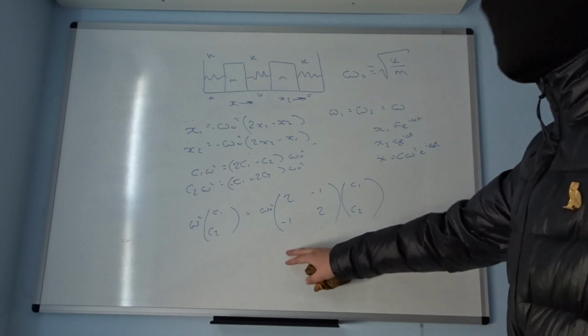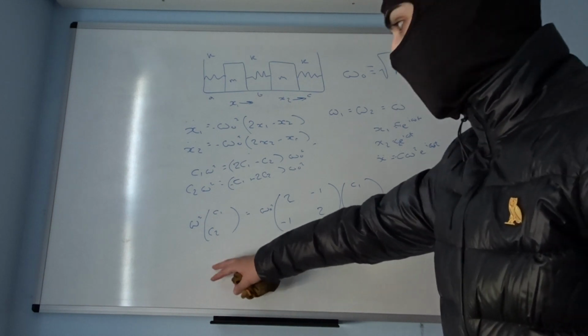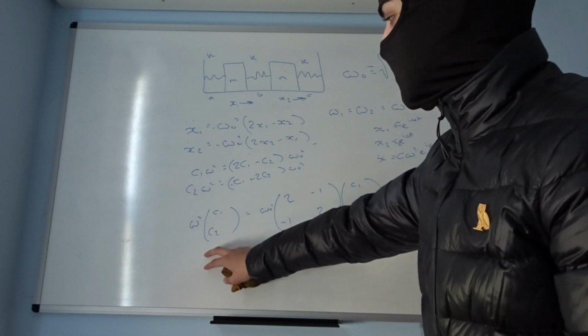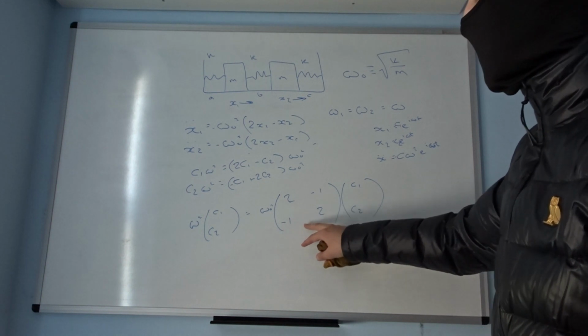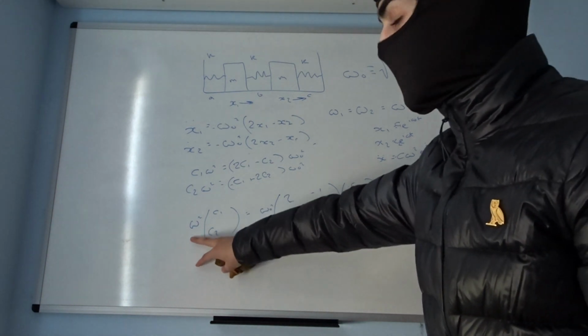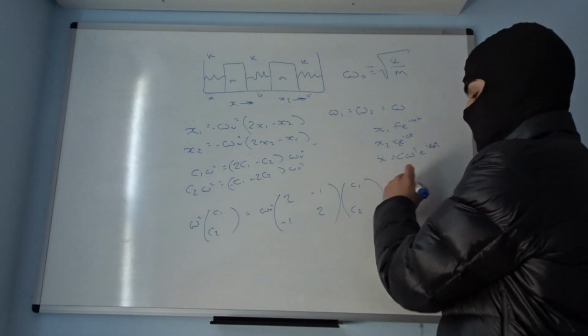So if you've done maths, matrices, you know that a matrix times a vector giving a scalar times that vector means this is an eigenvalue problem. We can work that out with the formula.